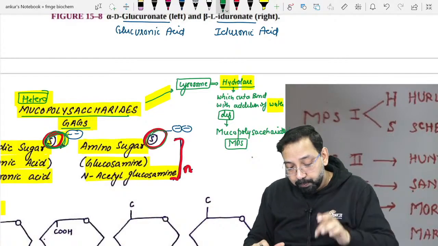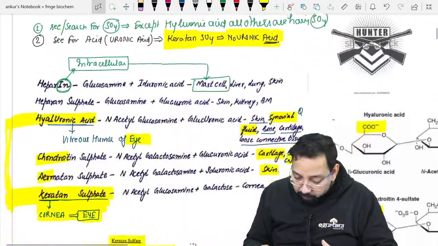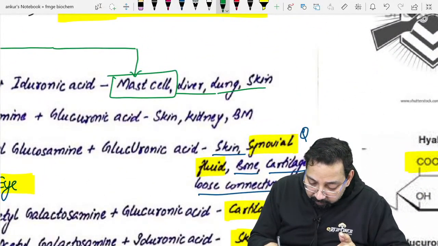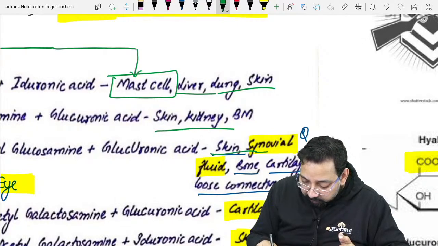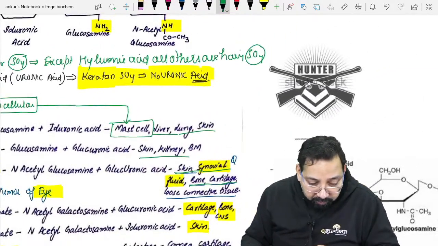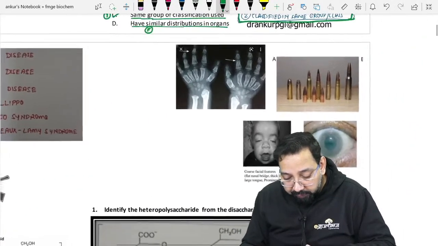As you know, mucopolysaccharides are widely distributed: liver, lung, skin, synovial fluid, bone, cartilage. Everywhere they are distributed. So we found that mucopolysaccharidoses have common features.